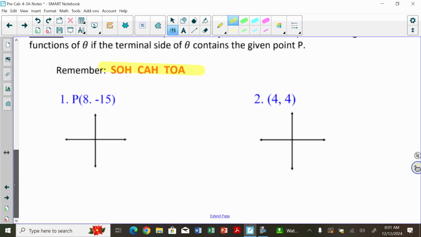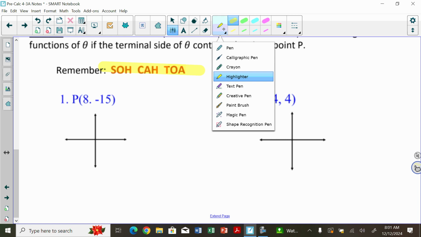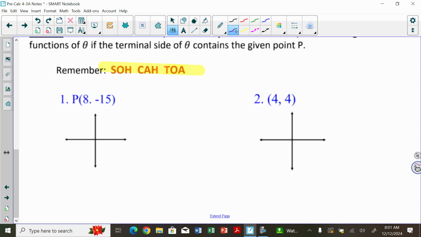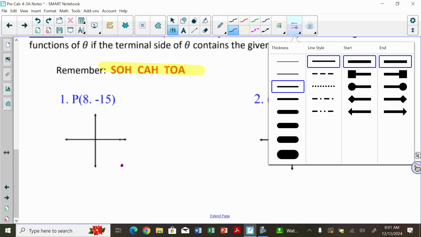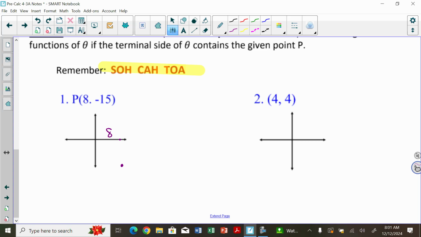Let's look at an example here. The point is at (8, -15). If I draw this, I take 8 over here and let's say negative 15 is down here. It doesn't have to be exact. We just know that this value here is 8, and this value here is negative 15.